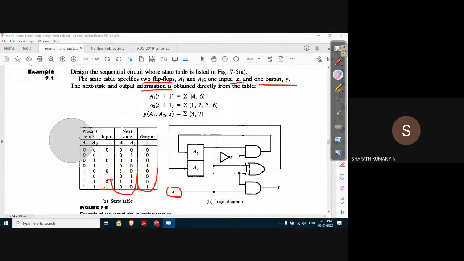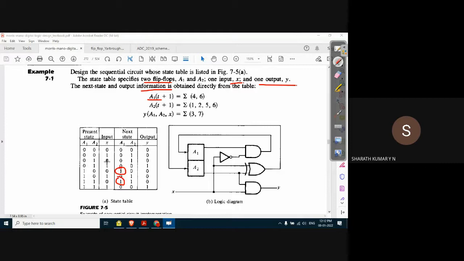Accordingly, if you write it as a mathematical equation, A1 of t plus 1, the next state, can be written using only these two conditions. Observe this: A1 of t plus 1 is 1 only for these two conditions.